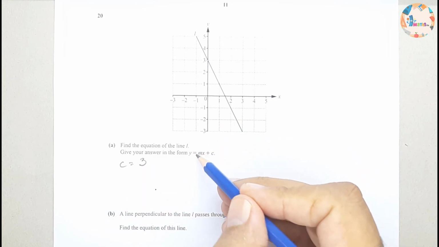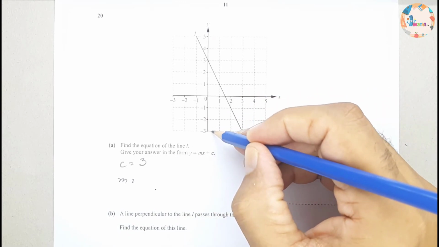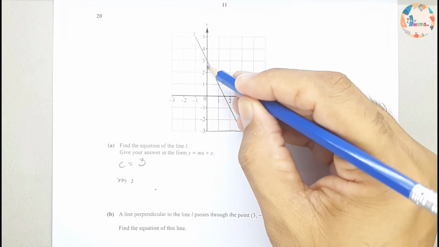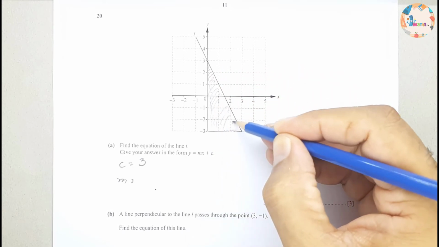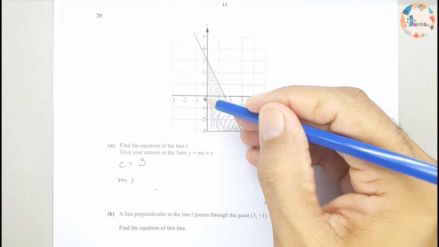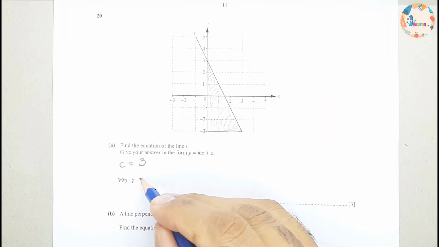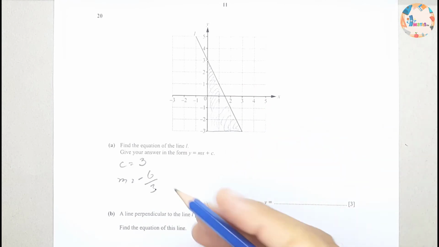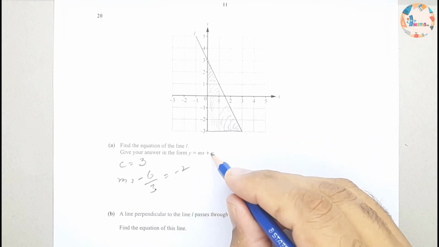And the m value, the slope, is required, so we can use this triangle. I'll shade the triangle for you. So this is the triangle which we are using. The rise will be 6 units, counting 1, 2, 3, 4, 5, 6, and the run is 1, 2, 3 units. So minus 6 over 3, because the right side is sloping downward, so minus 2 will be the gradient, and we know y is equal to mx plus c.